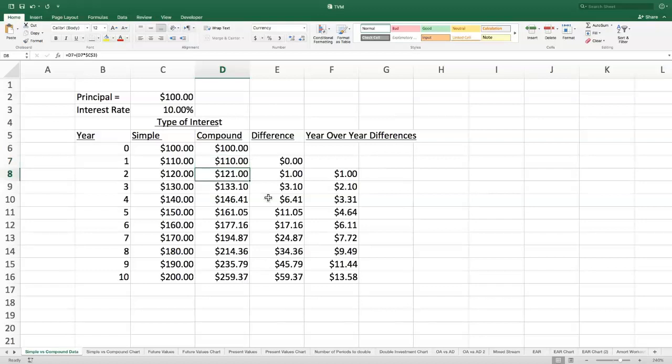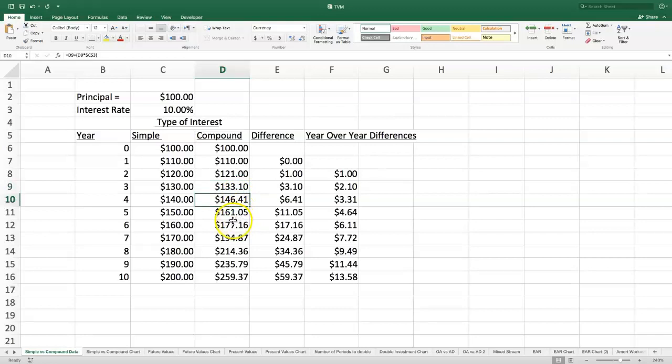So at the end of the second year, applying 10% to the $110, we come up with a future value of $121, and we earned $11 in interest. In the third period, we earned 10% interest on the preceding balance of $121. That gave us a future value of $133.10.